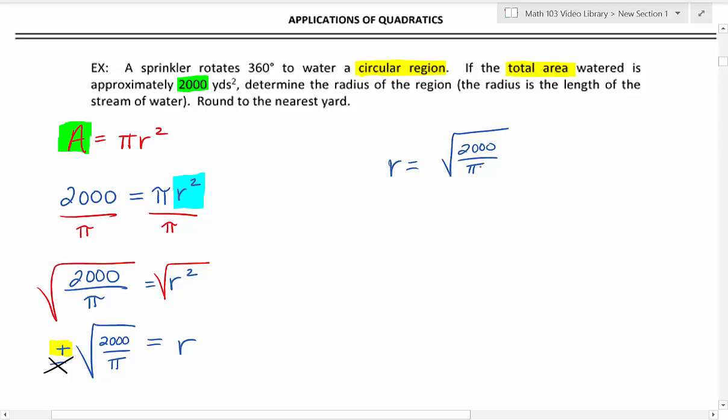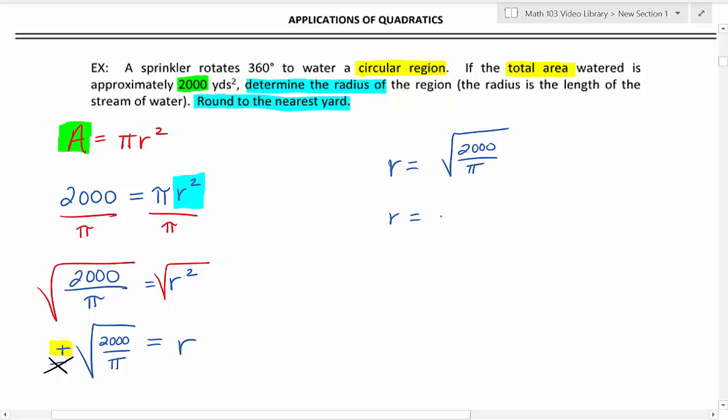Next, we want to make sure that we've answered the question. The question is, determine the radius, which we've done since we found r, and it also says round to the nearest yard. So now we're ready to plug this into our calculator.